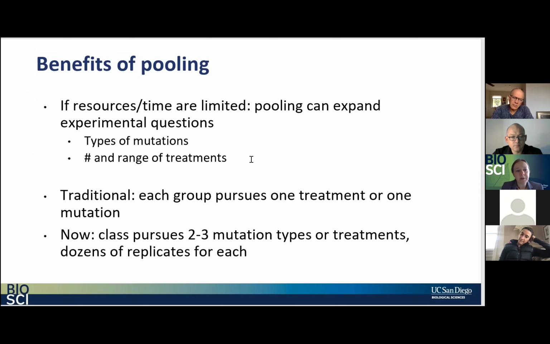If you're doing some other experiments where you've got dosage of a particular drug or something, you can increase the range and the number of treatments. So really what I'm talking about here is moving away from the traditional approach where each group pursues one treatment or one mutation or one of something, and expanding the number of questions that we can answer with these pooled data sets, now that we have multiple replicates for all those different treatments.